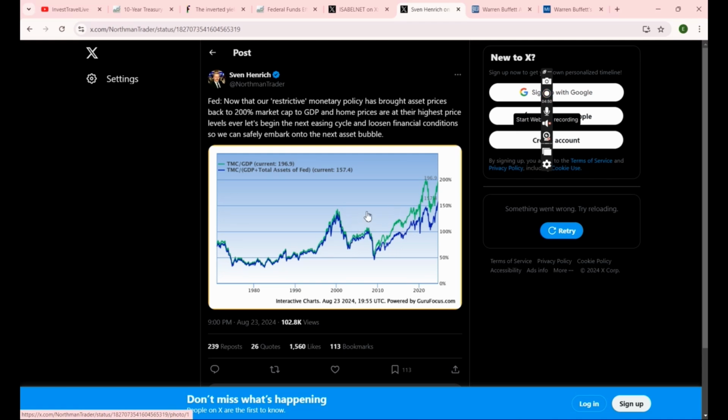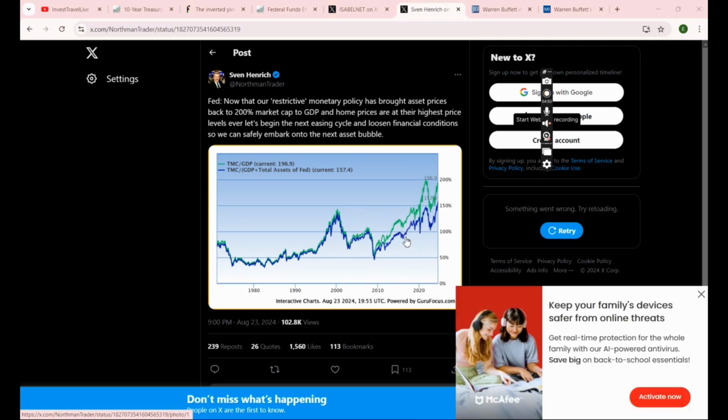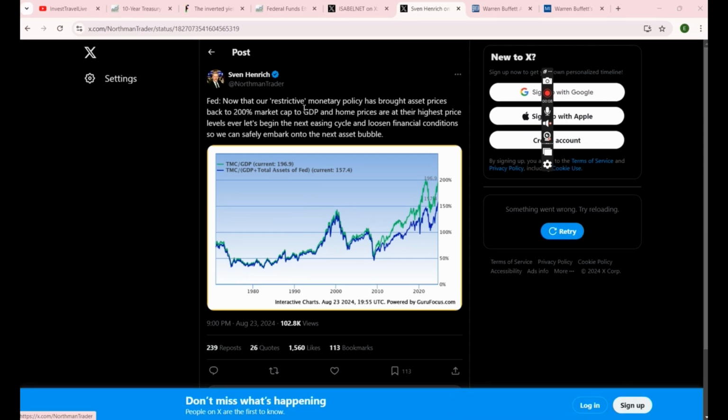Finally, another chart that we can keep an eye on is the market cap to GDP and home prices, which shows that these are at the highest levels ever. Back in 2020, we had around 200% market cap to GDP and home prices.